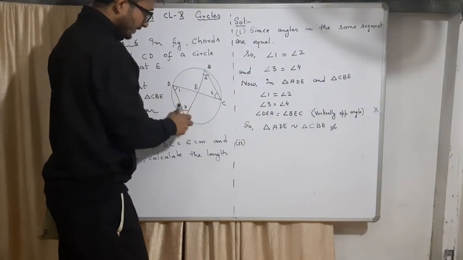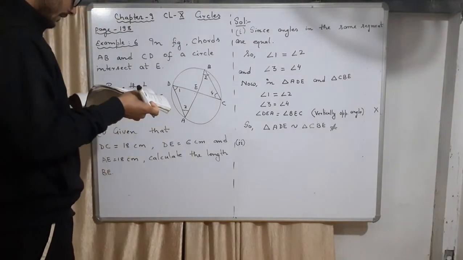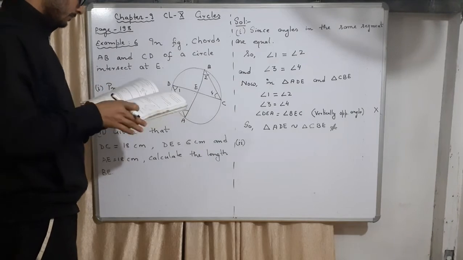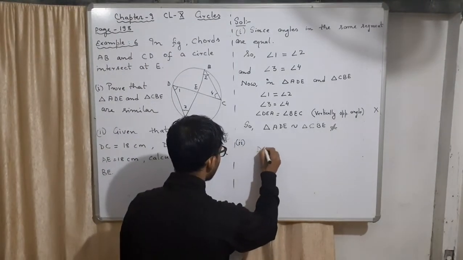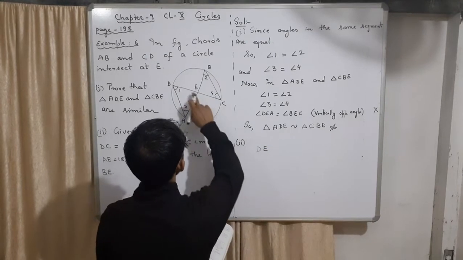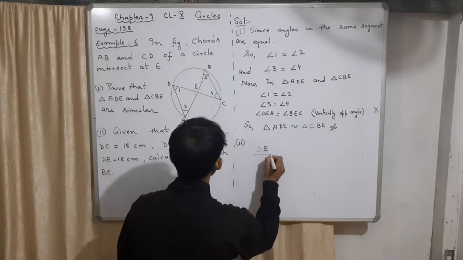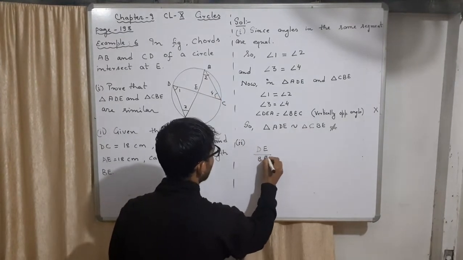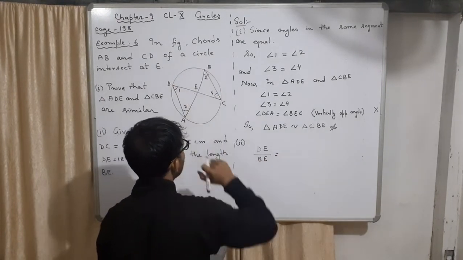Suppose I choose DE in this triangle. DE is this side. Similarly, BE will be the same type of side on the other triangle. Where I choose DE, here I have to choose BE.